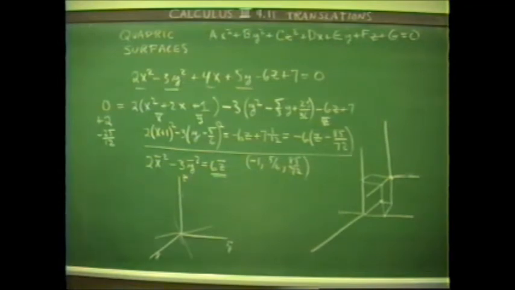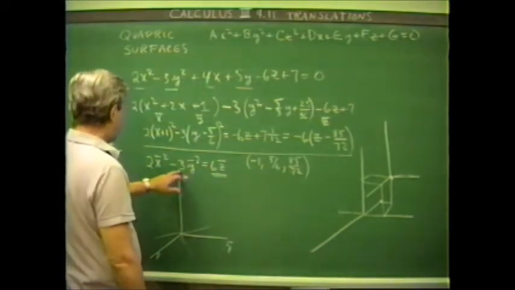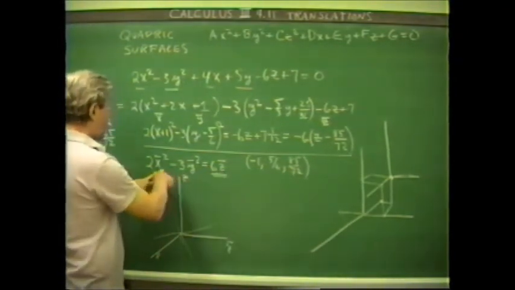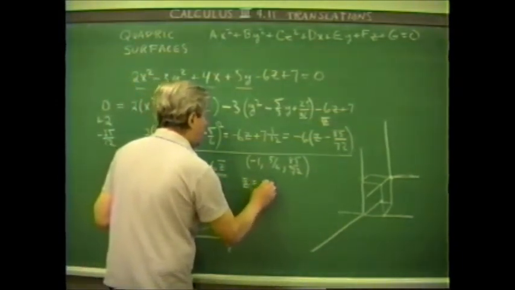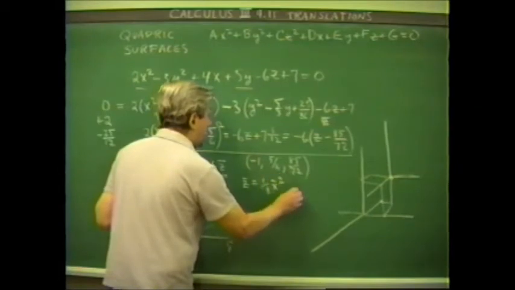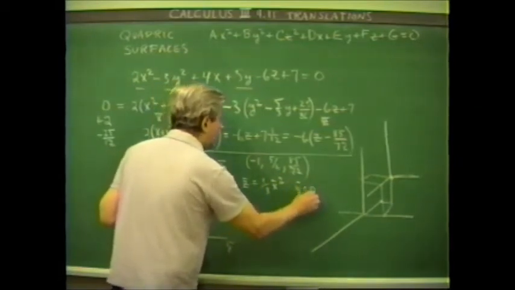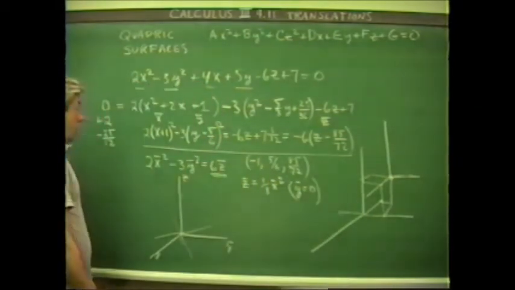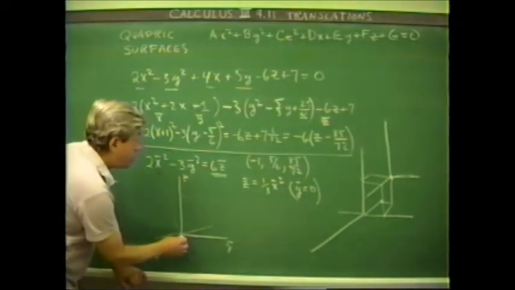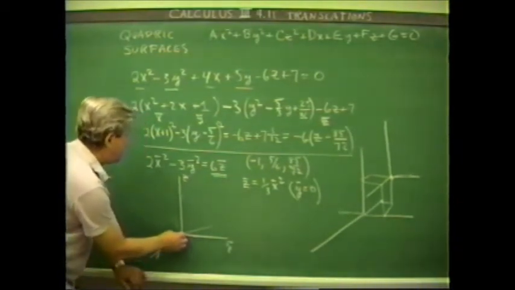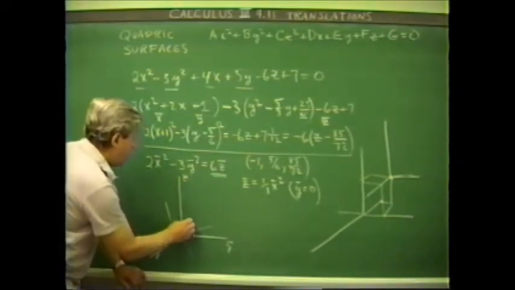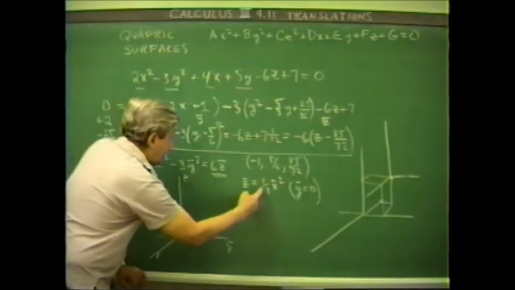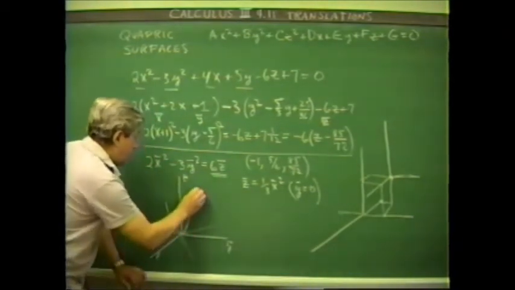Right? When y is equal to 0, we've got z is equal to 1/3 x squared. So z bar is equal to 1/3 x bar squared. This is when y bar is equal to 0. Right? So this is going to be a parabola opening upward in the x bar z bar plane.